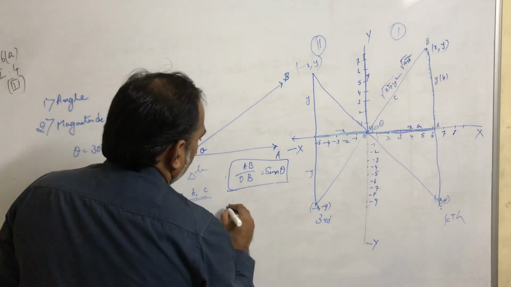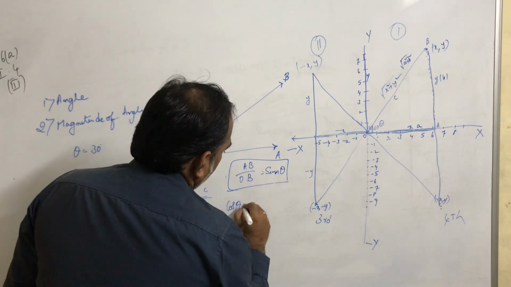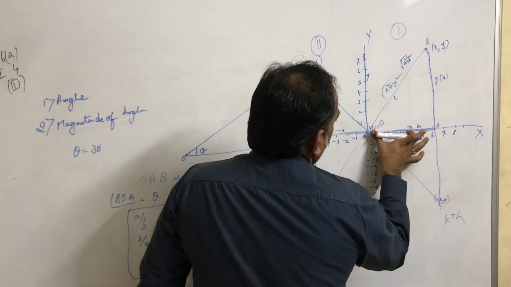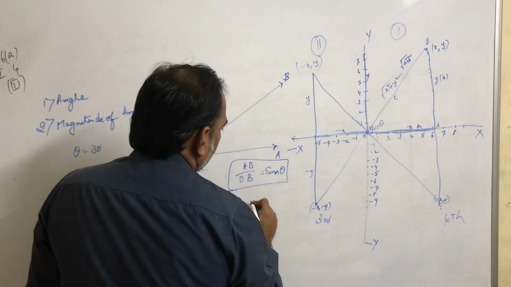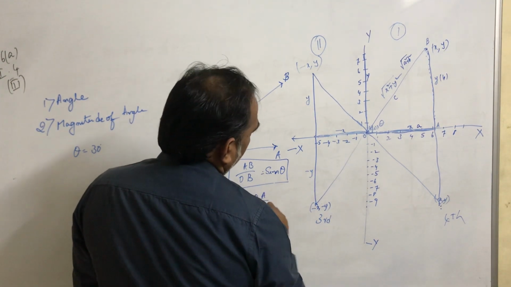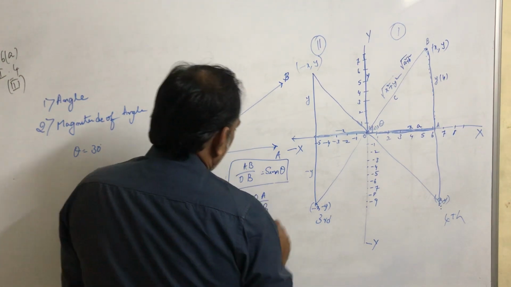Okay. And let us say cos theta. Cos theta is the ratio of adjacent side divided by hypotenuse. What is the adjacent side? Adjacent side is OA by hypotenuse. What is hypotenuse? OB.